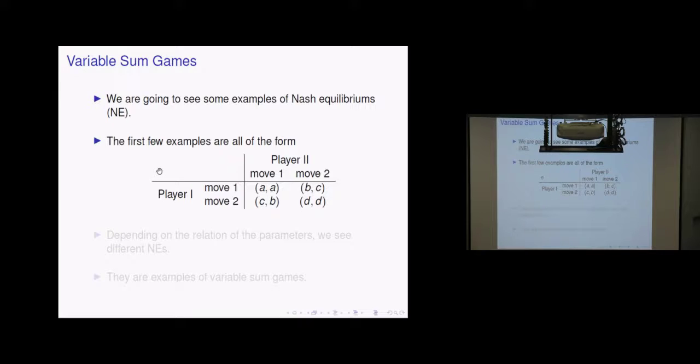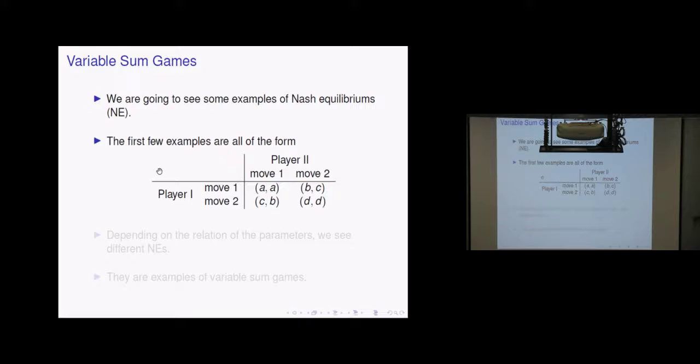The next few examples are a variation of the same theme. In this form, you can play lots of variations. The general form of these examples is like this. Of course we have player 1 and player 2. Each player has 2 moves, but the payoffs are in this form.